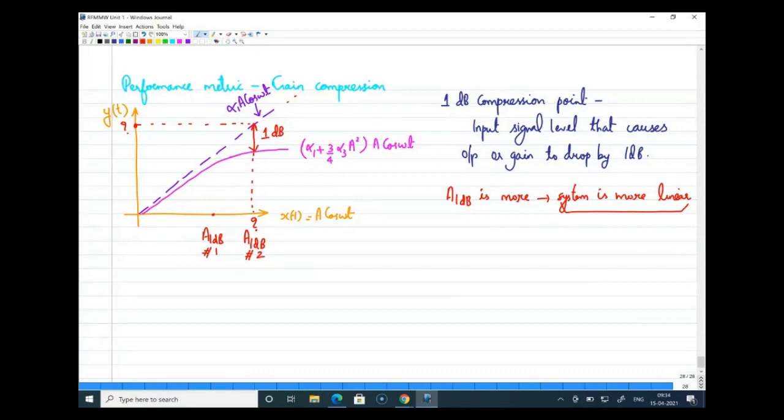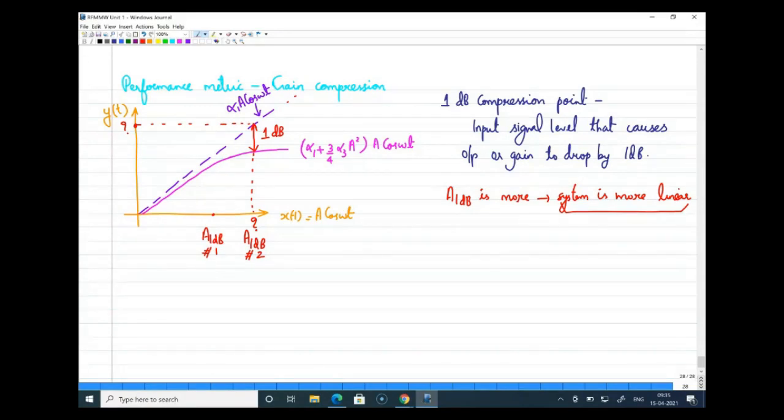Yes, Bhavana, you're right. All right. Yes, Rahul, I can explain this again. The first thing to understand here is what a 1 dB compression point is.